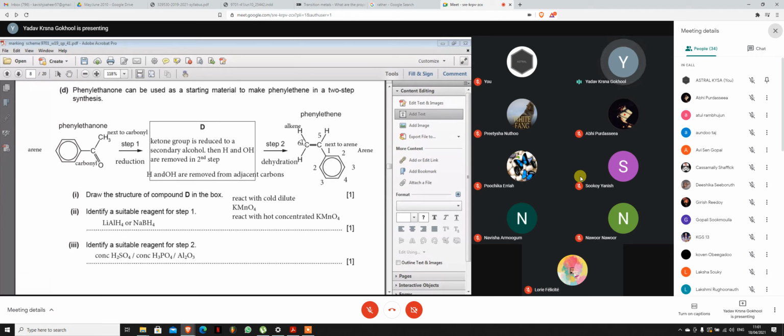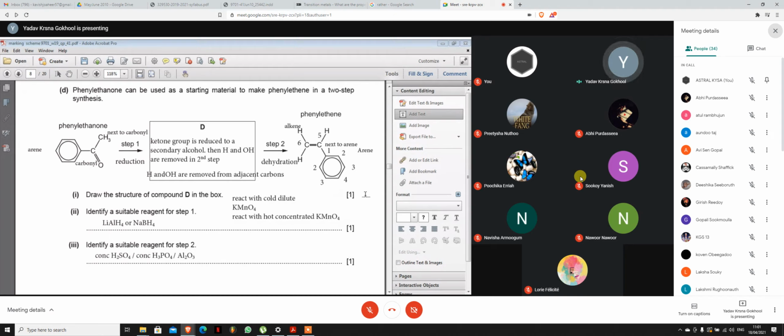Take your data booklet, go to number 7, typical carbon 13 chemical shift delta relative to TMS equal to 0. Okay. I'm going to look at phenylethene right now. We will have a peak at chemical shift range 110 to 160.